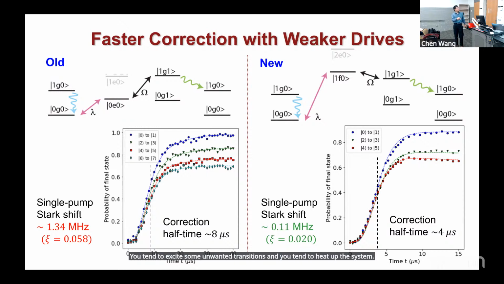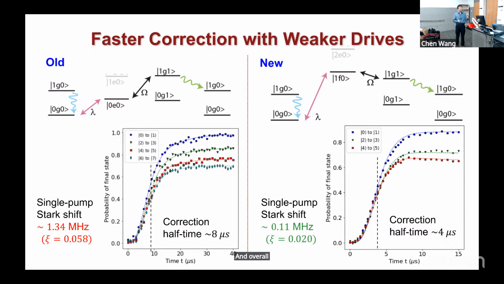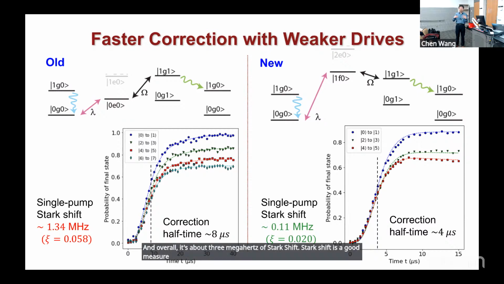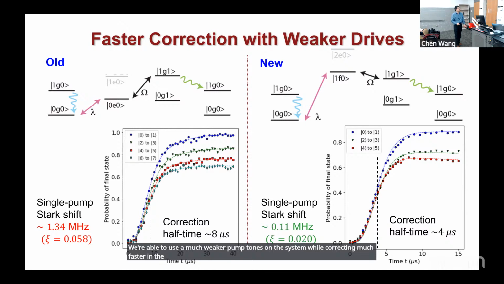So in the previous generation of experiment, we're stark shifting the transmon by more than 1 megahertz for a single pump, and overall it's about 3 megahertz of stark shift. Stark shift is a good measure of how strongly you're pumping the nonlinearity of the system. We're able to use much weaker pump tones on the system while correcting much faster in the new experiment.